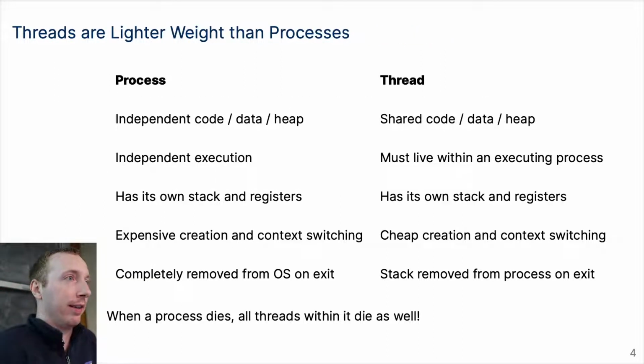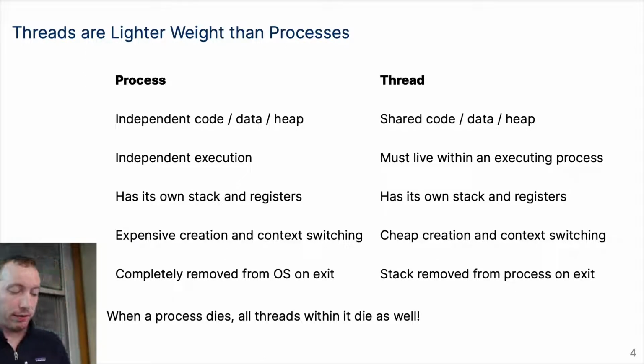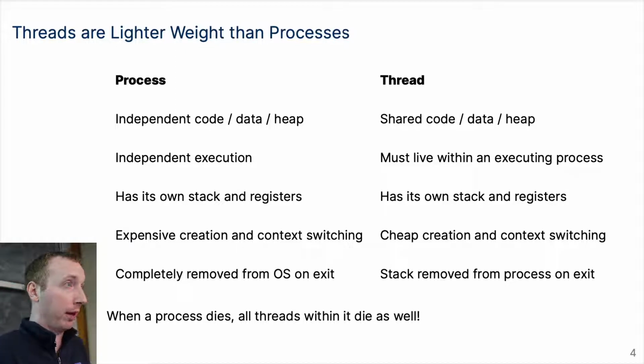So here is our comparison between a process and a thread. A process, of course, has independent code, data, heap, everything that would live in its address space, while all threads within the same process operate in the same address space. So they have shared code, data, heap. You don't have to do any explicit sharing or anything like that.